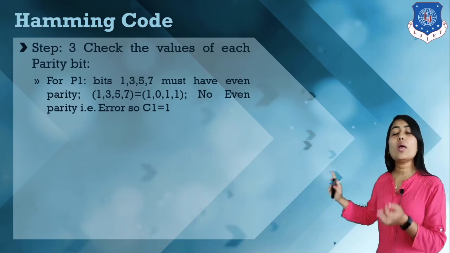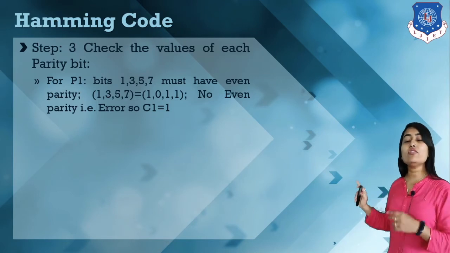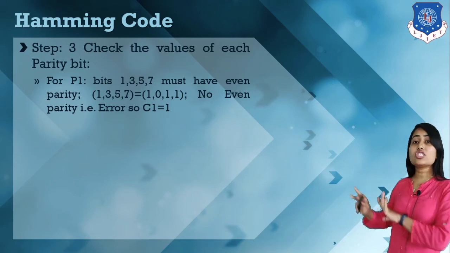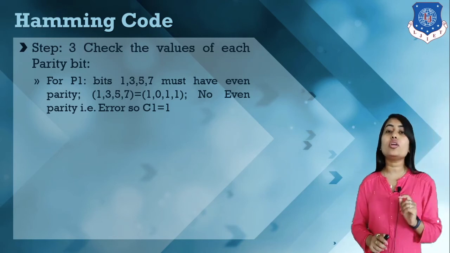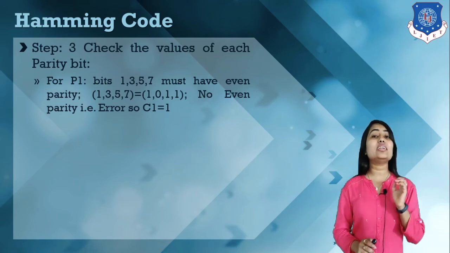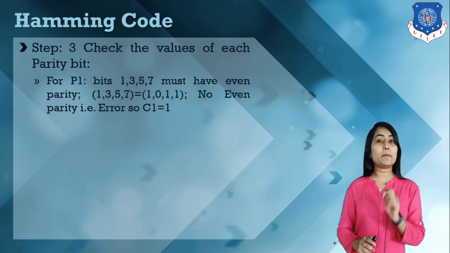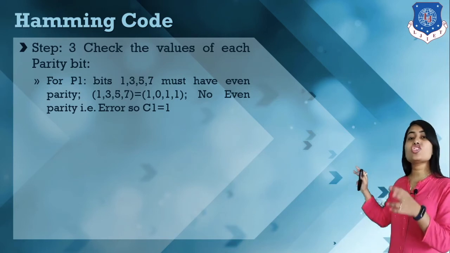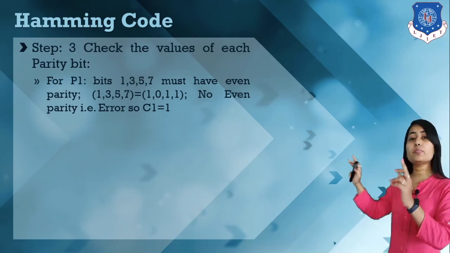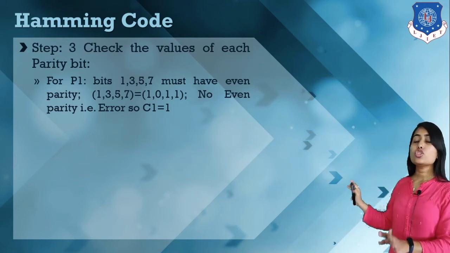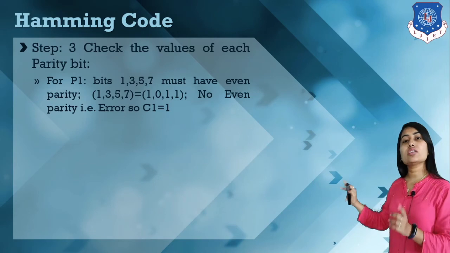Here we have 1011, and the total number of ones is 3, which means no even parity. So we have an error, and the check bit for P1, C1, is equal to 1.